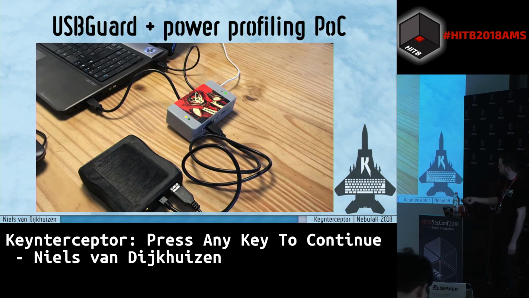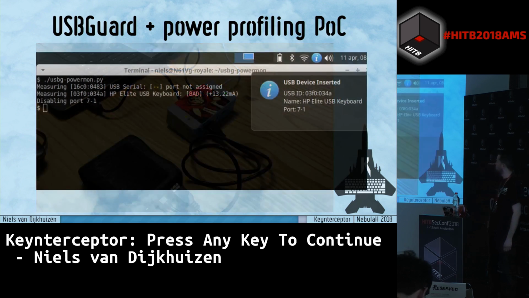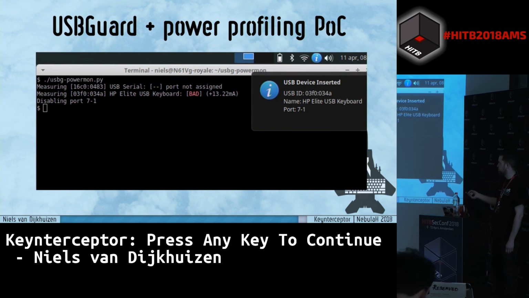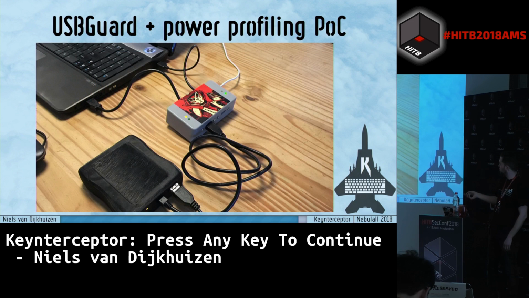And if I introduce the Keynterceptor in between the keyboard and that port, it will be bad because we use more than 13 milliamps more than we would expect. So then the machine got blocked, and that's shown with the amber colored LED.